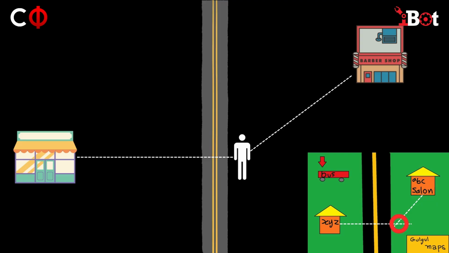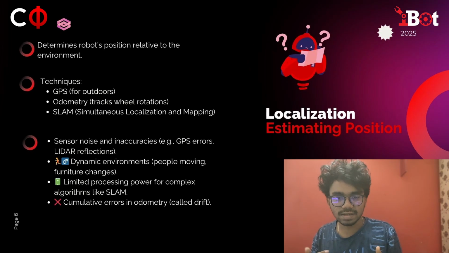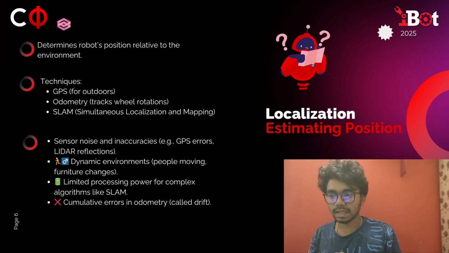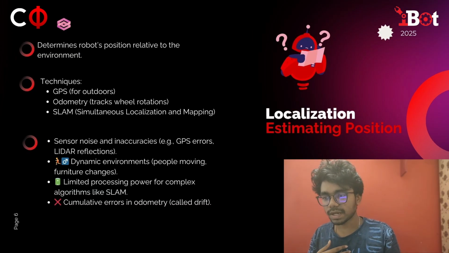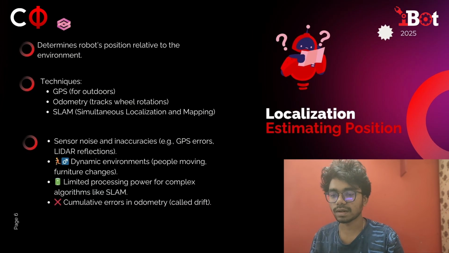You look at the map, and according to the map it says that after going 2 meters, turn left to reach a bus stop maybe. In that way, a robot detects where it is and then continues ahead with path planning. There are multiple techniques for path planning, and multiple techniques for localization.